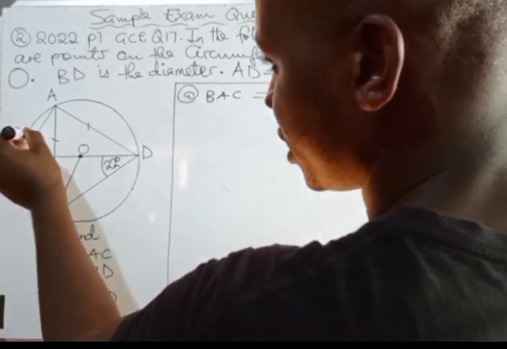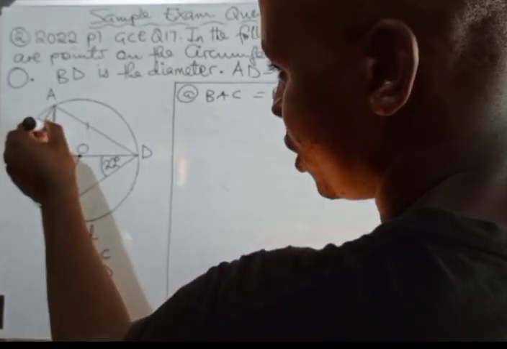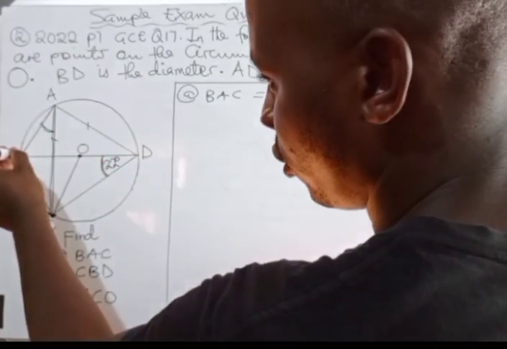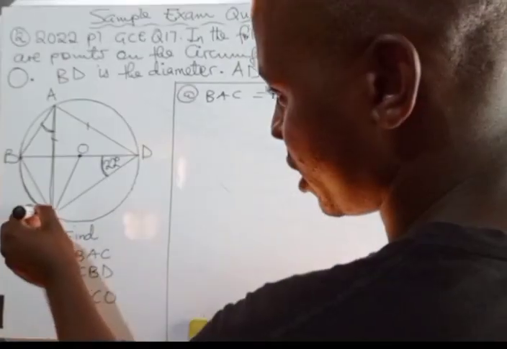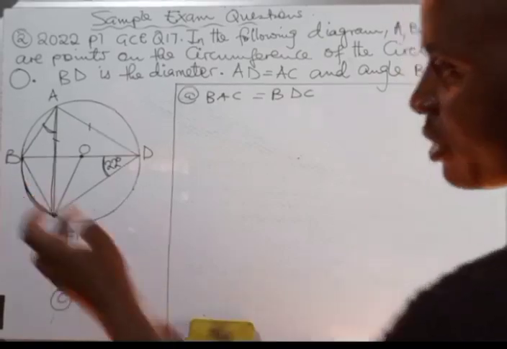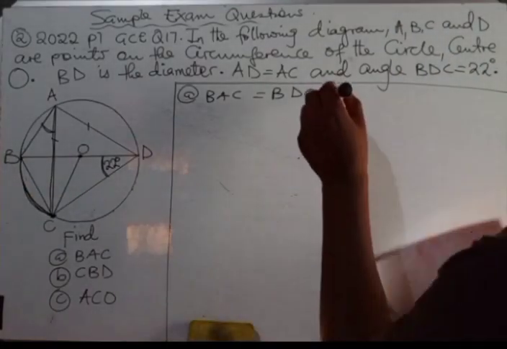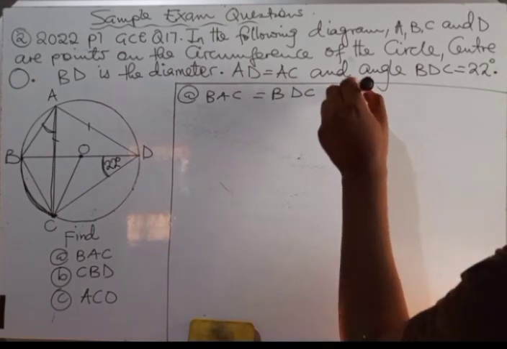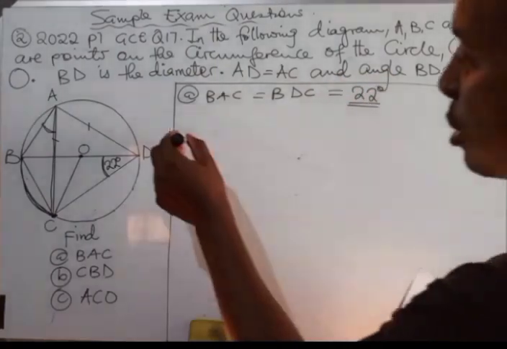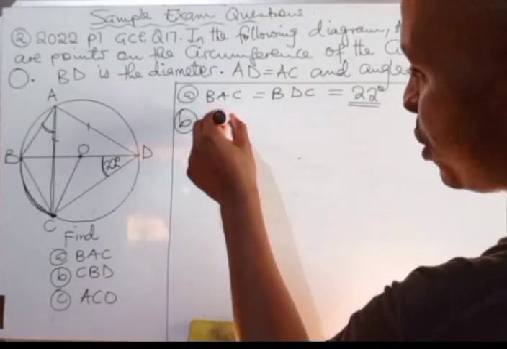This angle here is the same as this angle because they are subtending the same arc, the same segment. So the answer there will also be 22 degrees.